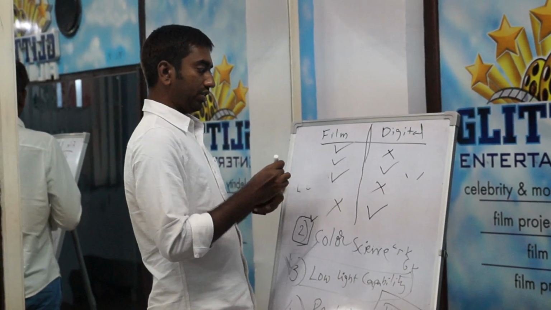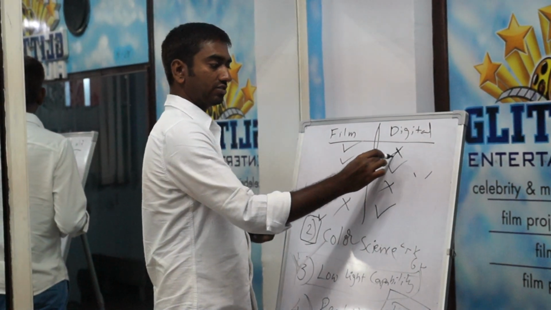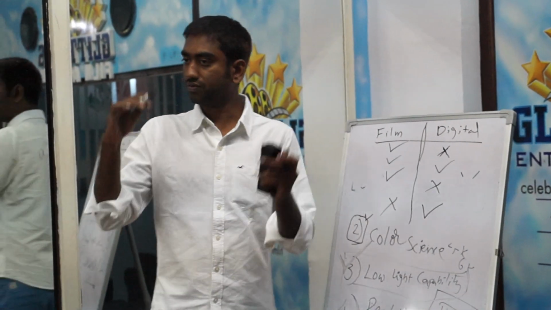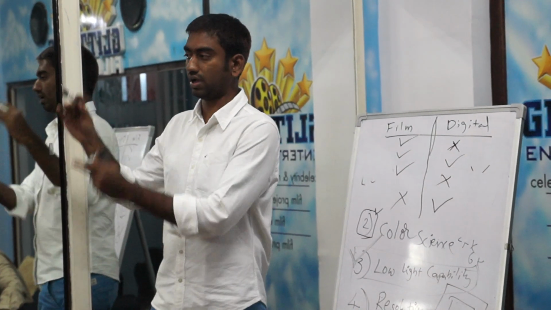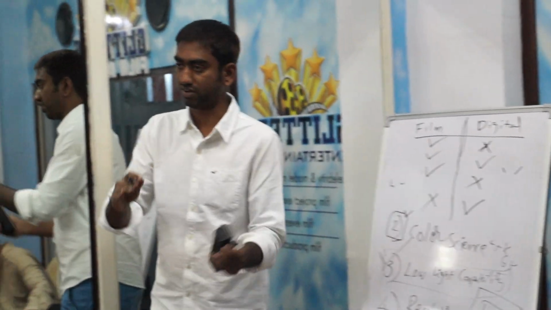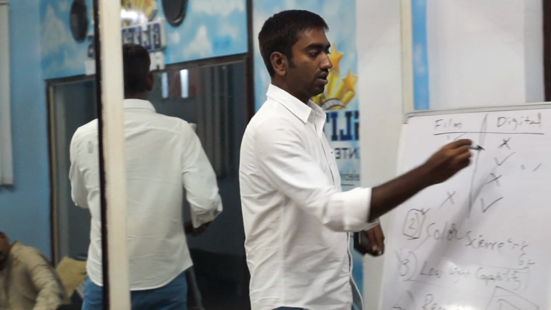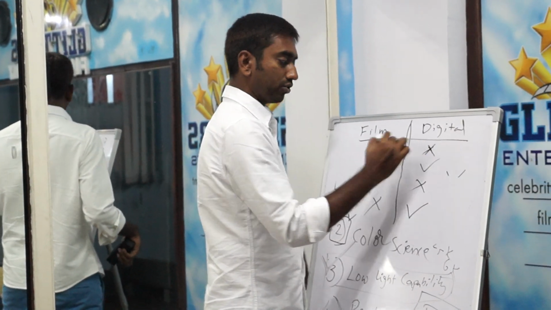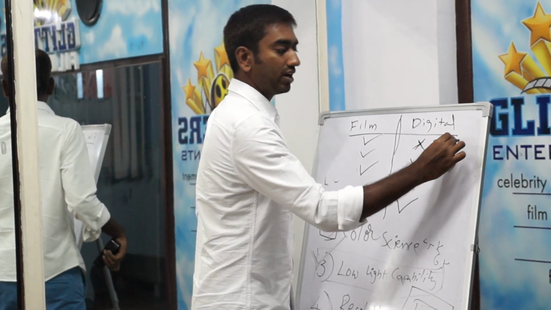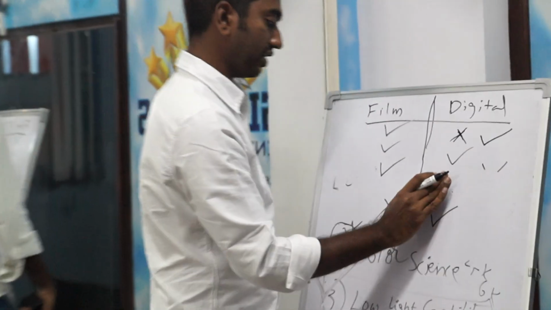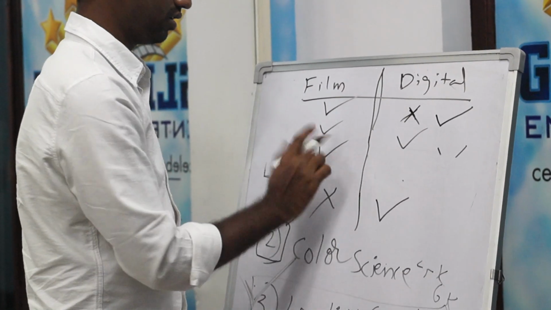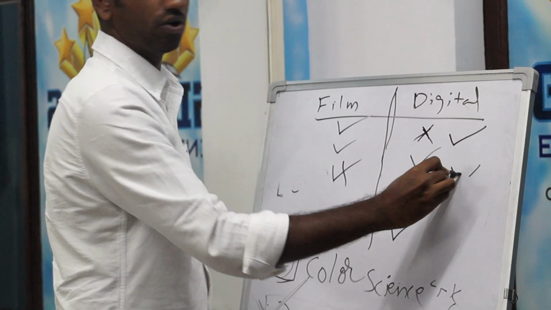So the major factor, dynamic range, digital lost in the first generation. But in the past 5-6 years, now digital is in a position where it can compete well in terms of dynamic range. It's even better compared to film in terms of low light sensitivity.